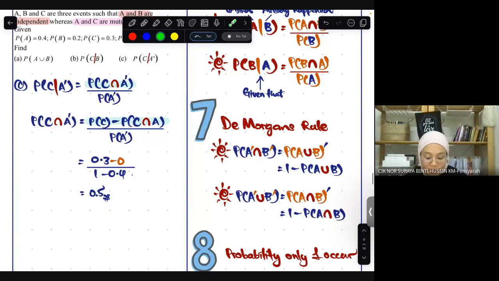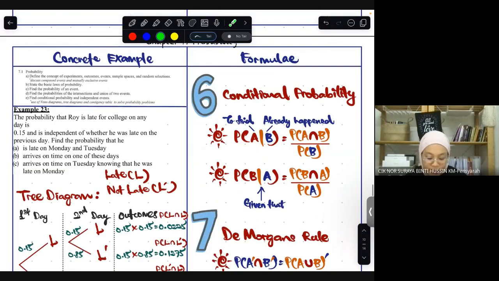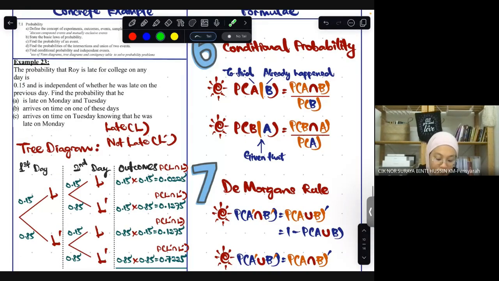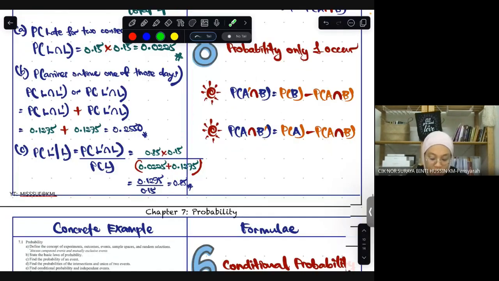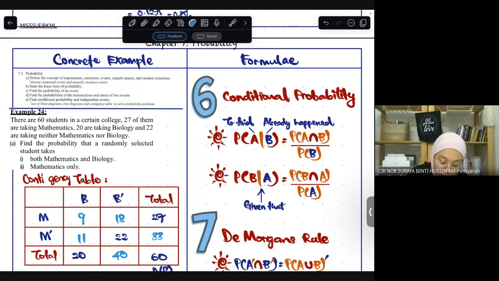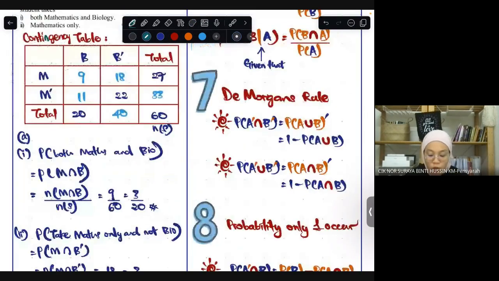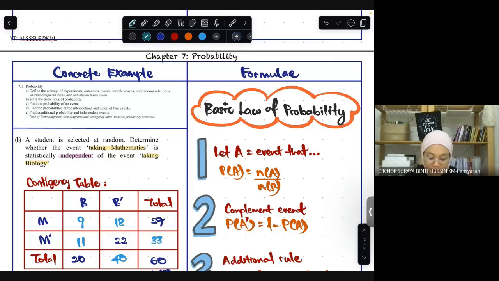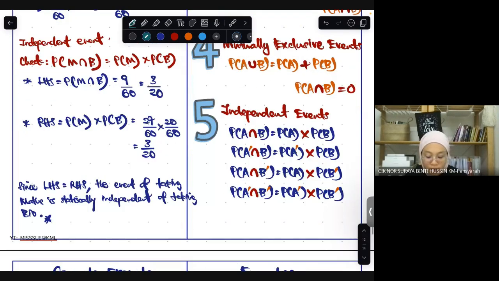So you buatlah sendiri, you cubalah cari jawapan semua ni sendiri, mengikut apa kesesuaian yang perlu dipakai. You tengok, you buat sendiri, boleh pakai tree diagram, boleh pakai contingency table. Yeah, you try to do everything by yourself. You buat, tengok adakah sama jawapan you dengan saya. Itu saja. Saya telah pun ajar everything yang penting.